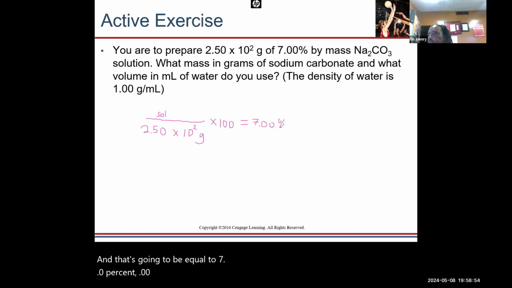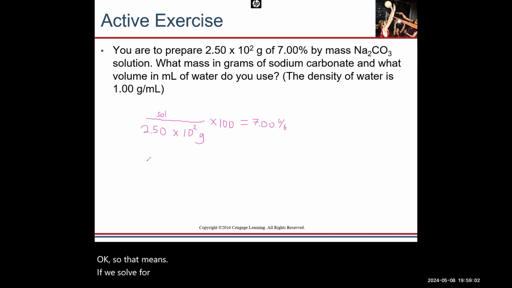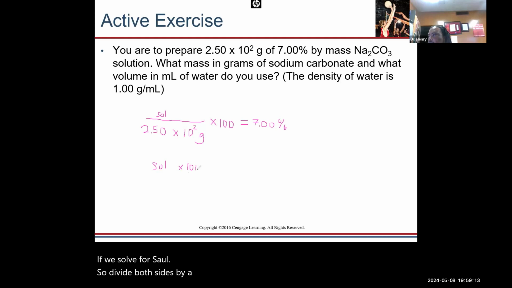So if we solve for sol, we divide both sides by 100, so the 100 cancels out.